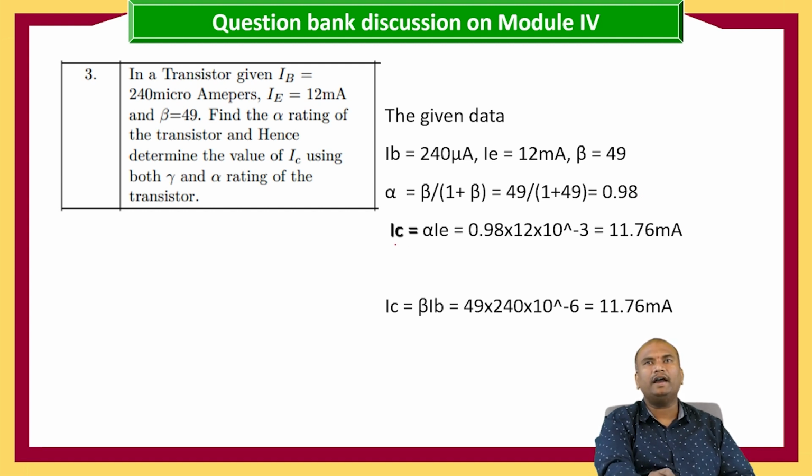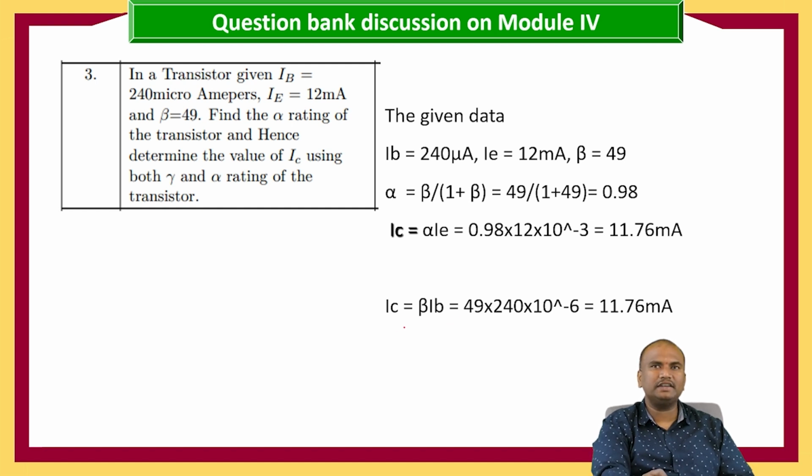The collector current IC is equal to alpha into IE if we neglect the leakage current. So IC is equal to 0.98 into 12 into 10 to the power of minus 3, which is 11.76 milliamperes.